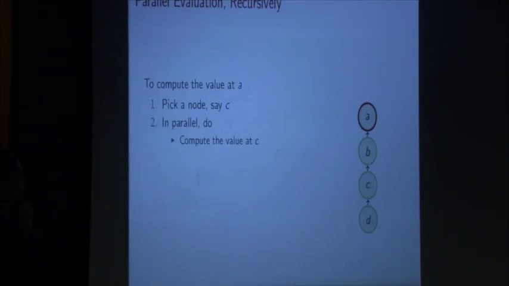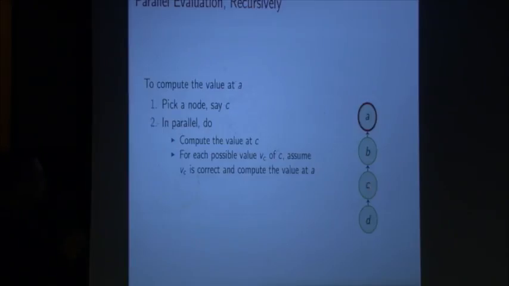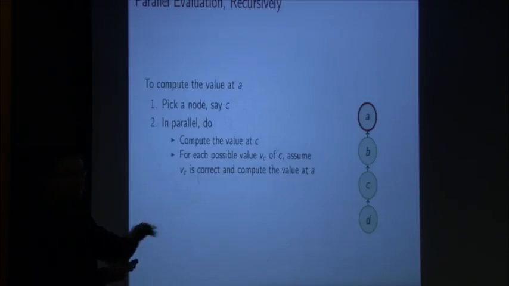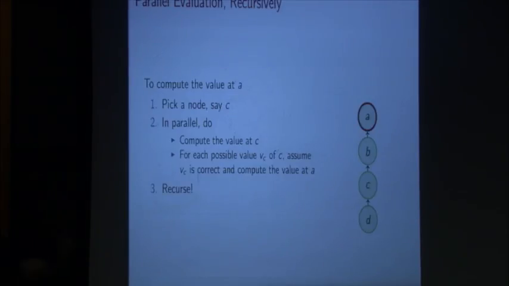In one branch of the computation, we will compute the value at gate C. In another branch, you guess the value of gate C, and assuming you have got the right value, continue the computation to compute the value at gate A. Then you repeatedly break down the computation, and you combine the results in constant time. That's the idea. Let me show you the recursion.